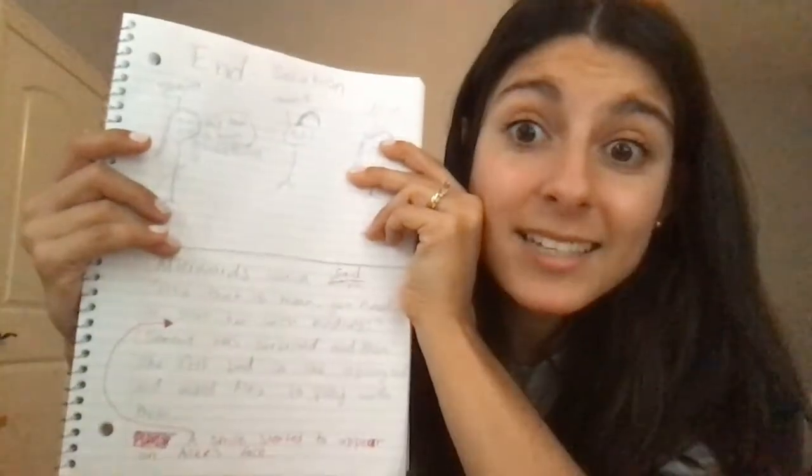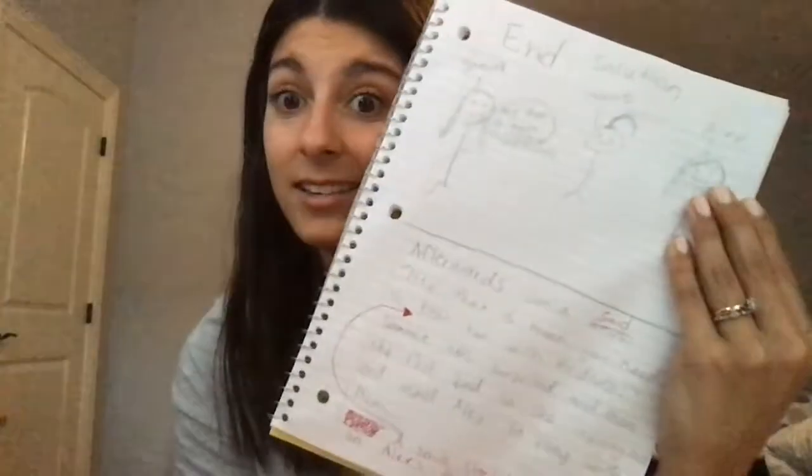And there you have it, guys. I have added a detail for my beginning, my middle, and my end. So now my story is super juicy and has a lot of details. Make sure that you do the same.